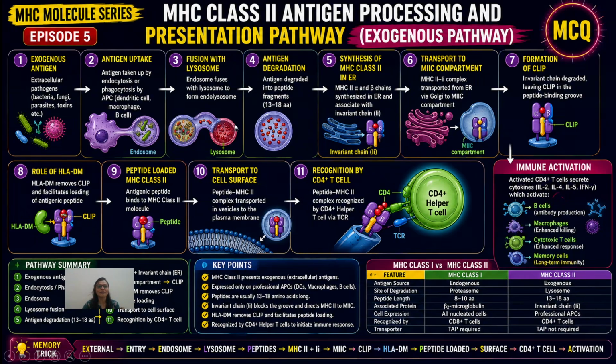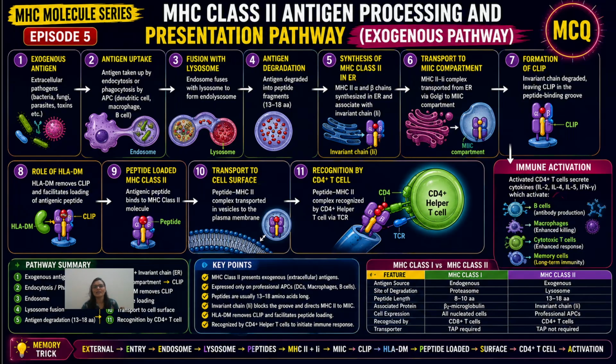This is a summary of the exogenous pathway, in which you can see the extracellular antigen enters the cell via the endocytosis process. It forms the phagolysosome. In parallel, MHC class II molecules are already synthesized in the endoplasmic reticulum with the invariant chain. This compartment moves towards the Golgi body.